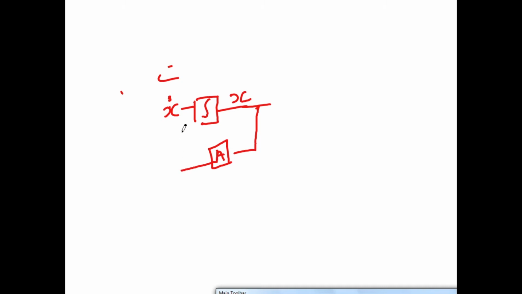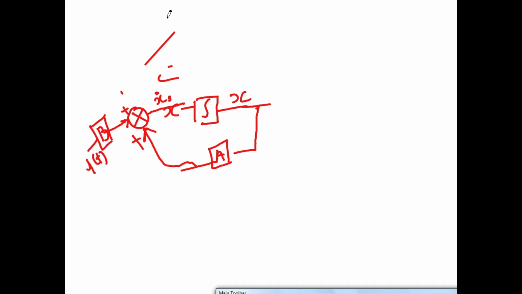So our equation x dot is equal to a into x is done for now. Plus, that means we have to put a summation point, and this is the x dot. So x dot is equal to a into x plus b into u of t. One block will be b, and there will be u of t. So that part is over.